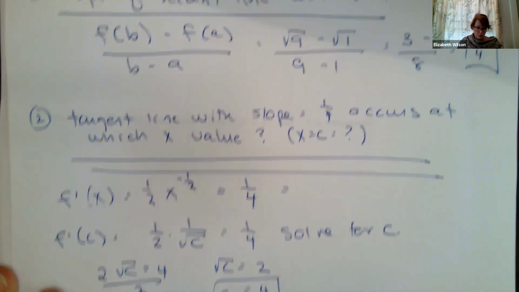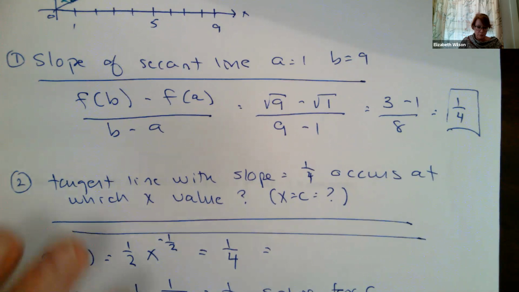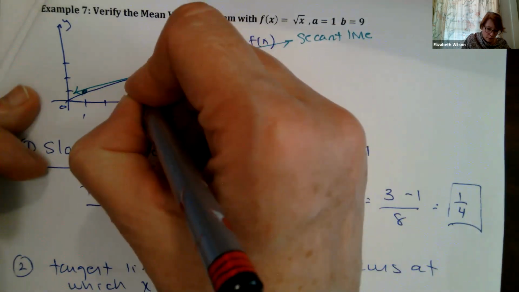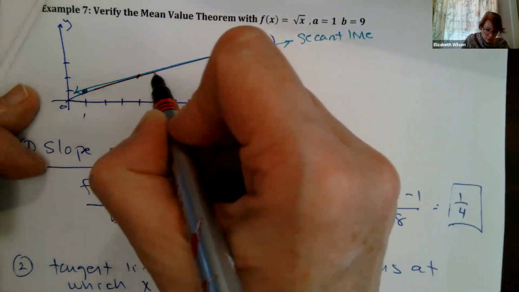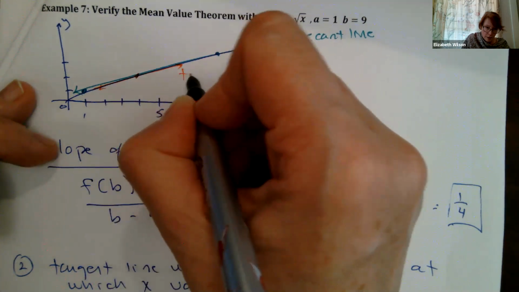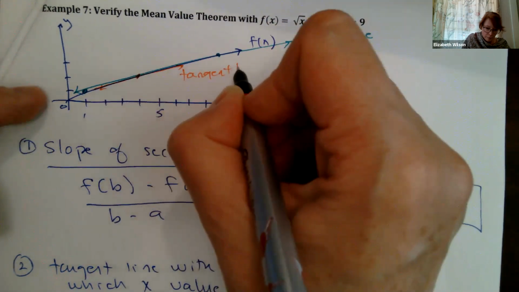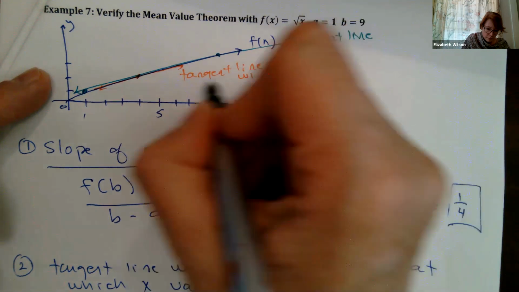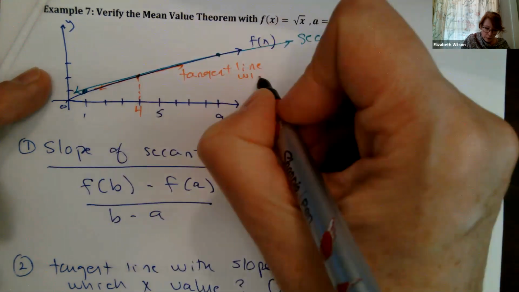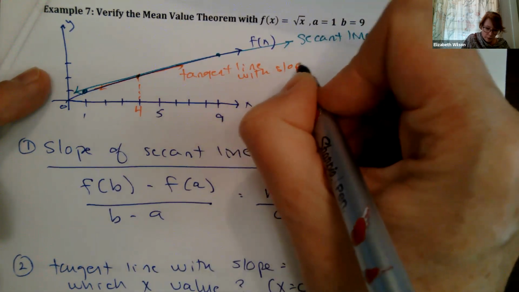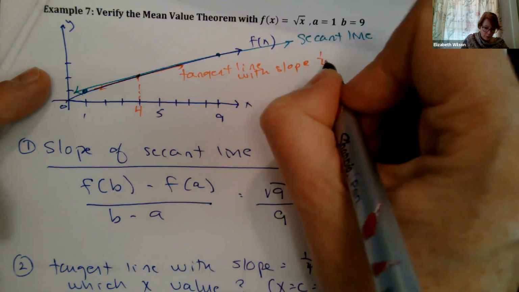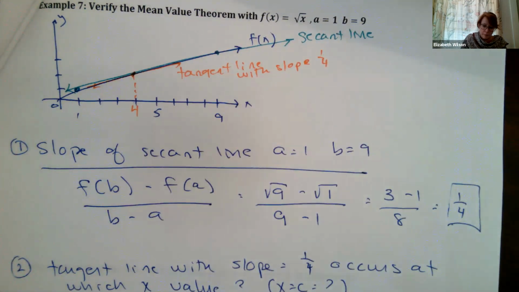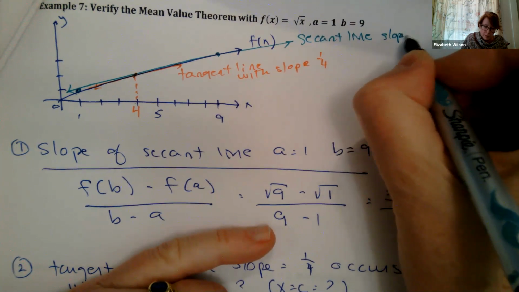Okay, so let's just draw that on my graph. So C equals 4 here. I have a tangent line with slope equals 1/4, and this is the secant line, slope equals 1/4.